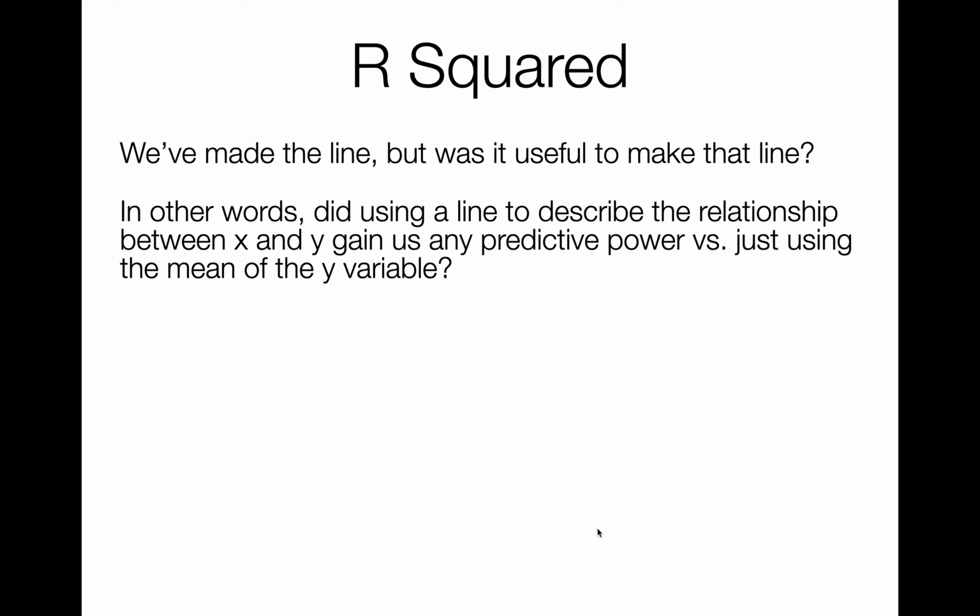Okay, so if I go back to my example and I say, I want to find the relationship between the weight and height of college-aged males, and so I fit the line, and I get this equation that claims to increase my predictive power.